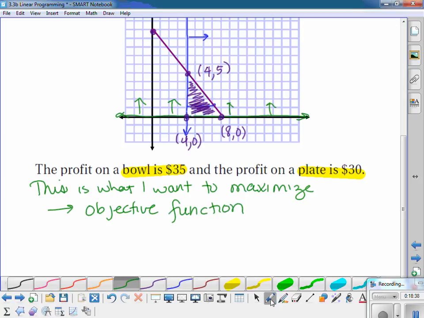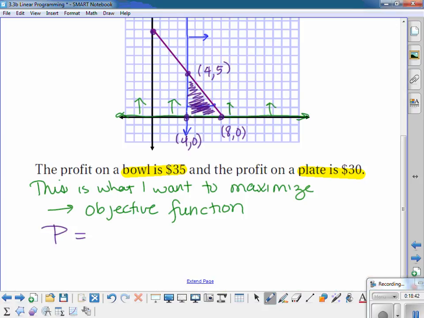So the profit is going to equal, how much money am I going to make on the bowls? $35 times how many bowls I make, right? And then the profit on the plates? $30 times the number of plates I make.